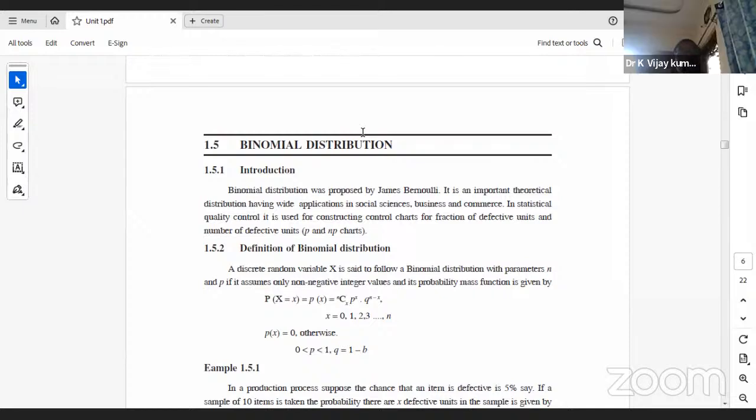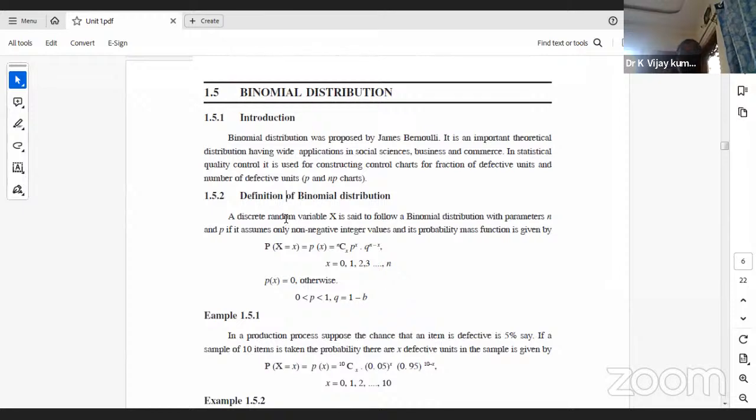James Bernoulli, it is an important theoretical distribution with wide use in social science and business and commerce here. In statistical quality control, construction of control charts for fraction defective and non-defective units, the P and NP charts, are used here. What is the definition of binomial distribution? See here, a discrete random variable.